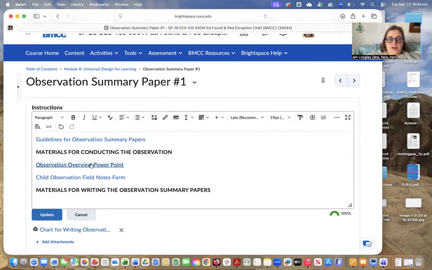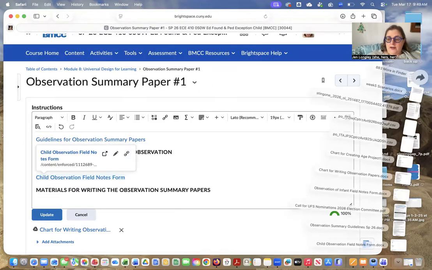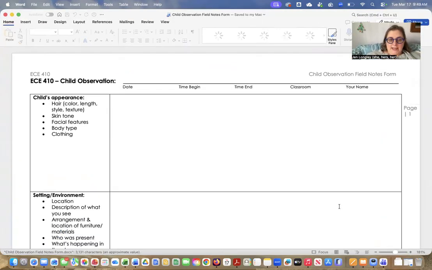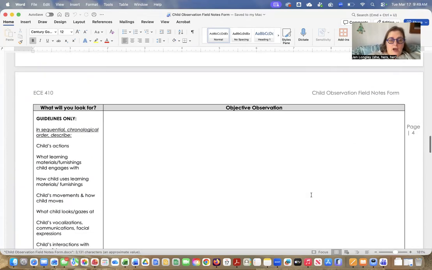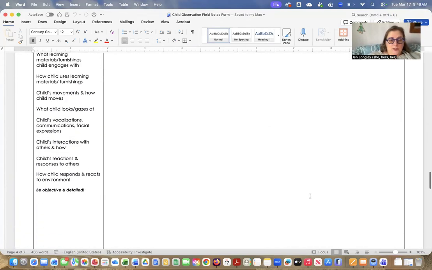So if you need a refresher on observations, there's a PowerPoint. If using a form to complete your observations, having a formal space to take notes helps. You can print these documents out and use them to take notes on.